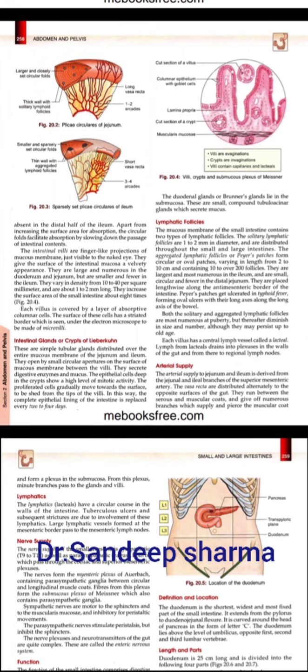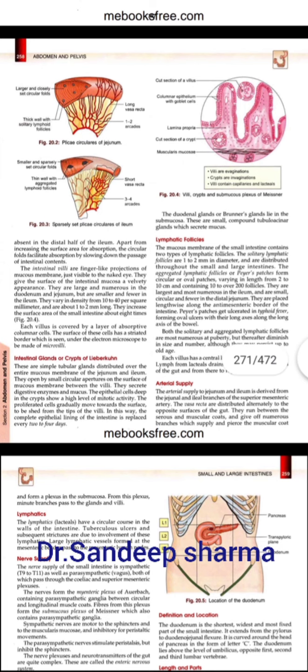They give the surface of the intestinal mucosa a velvety appearance. Whenever we see a cloth that is velvet in nature, there are finger-like projections that are smooth and will not harm. It is the same velvet-like structure, and this is called intestinal villi.